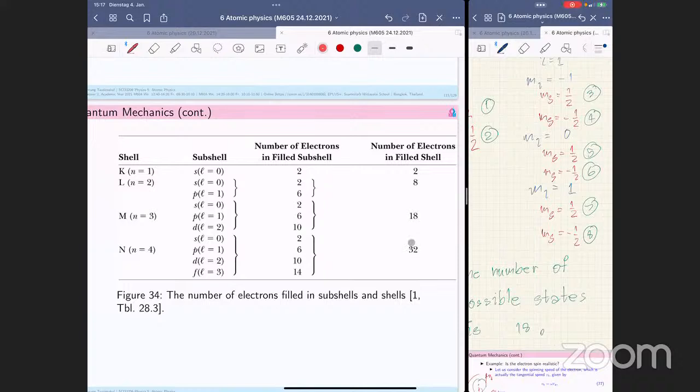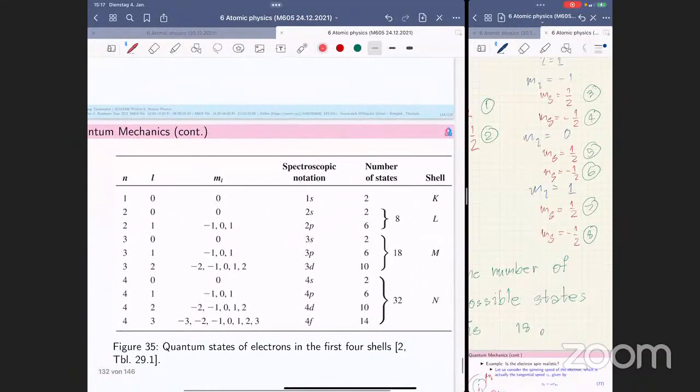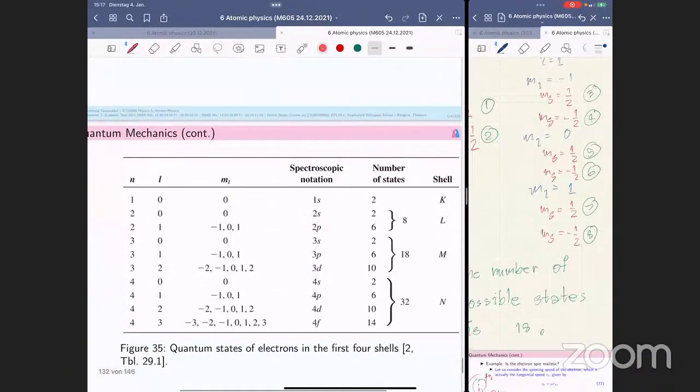The way to deliver the answer to this question is a little bit complicated, and you could see it here. 18, 32. Another way to represent it is that when n is equal to 1, you have L as 0, and ML will be only 0 in the spectroscopic notation.